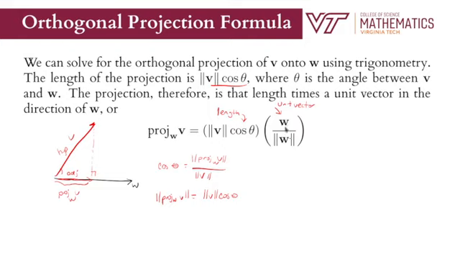This is a unit vector because we scaled out the length of W. So if this vector has a length of 1 and this has a value of, say, 5, we multiply these together and we get a vector of length 5. And so this formula is correct, but an easier formula is coming.